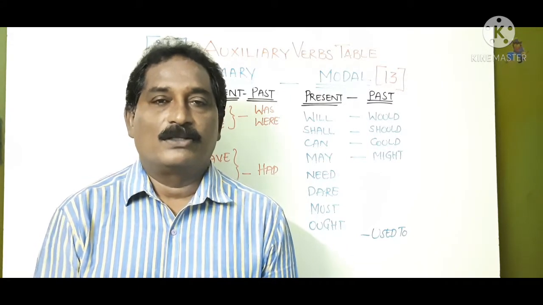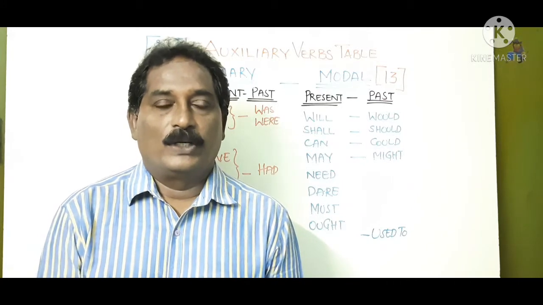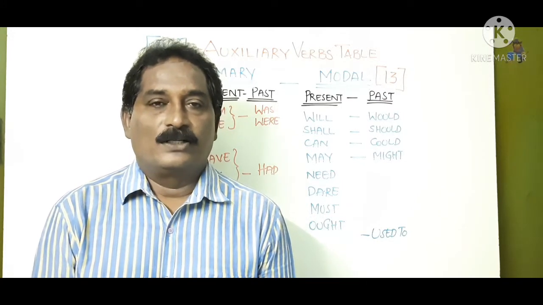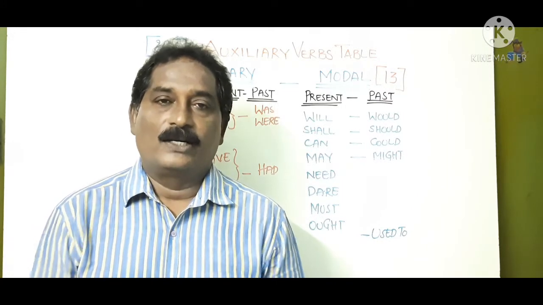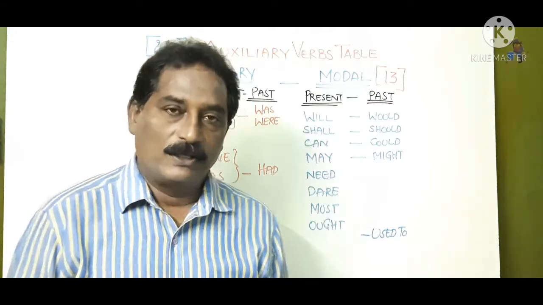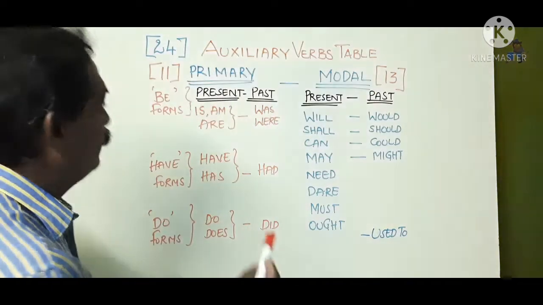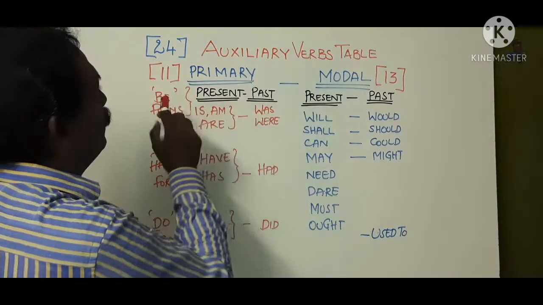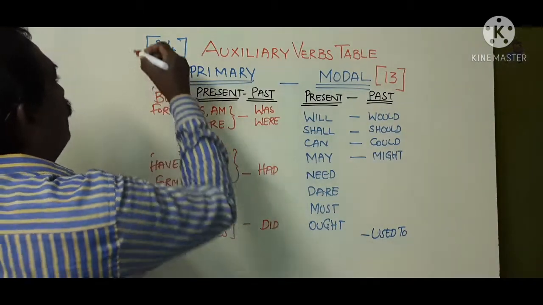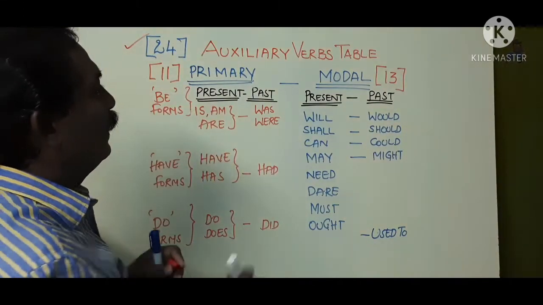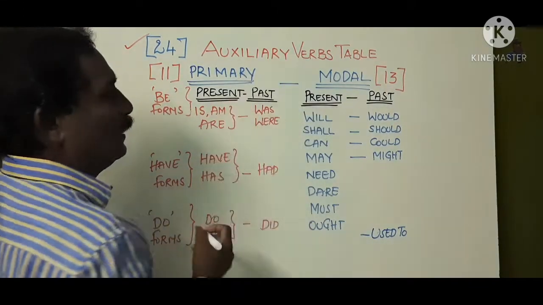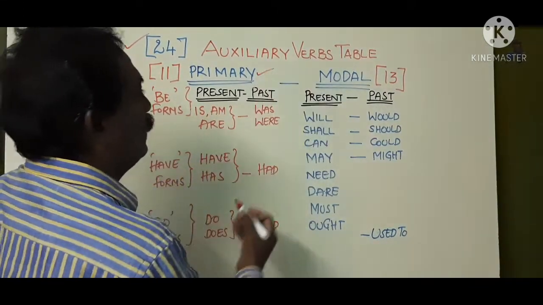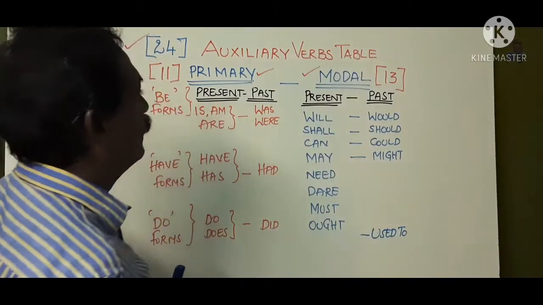Primary auxiliaries are 11 in number, whereas modal auxiliaries are 13 in number, as I have written on the board. Total auxiliary verbs are 24. They are divided into two categories: primary auxiliary and modal auxiliary.